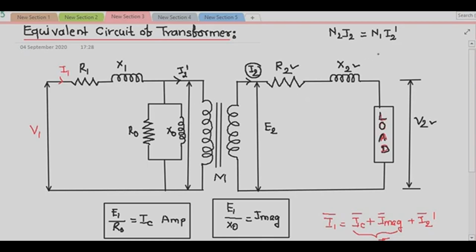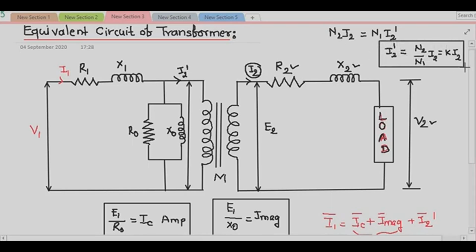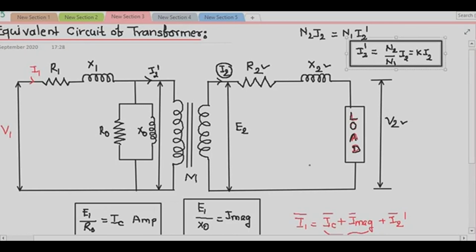So, what is my I2 dash? I2 dash is nothing but N2 upon N1 into I2, which is equal to K into I2. I told this in the last lecture also. Thus, the primary current I1 on load can be considered as having two components.